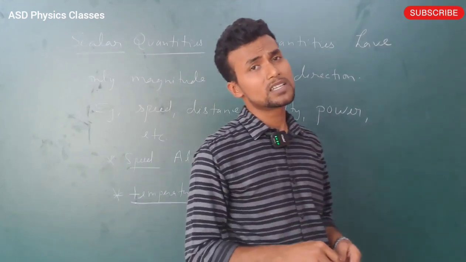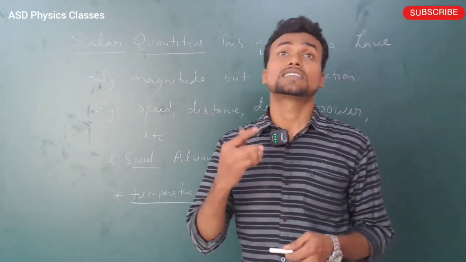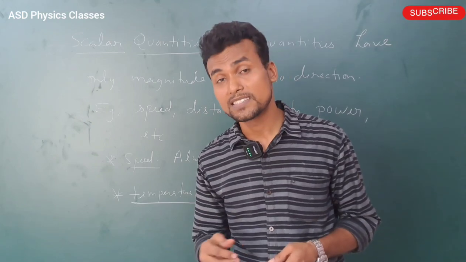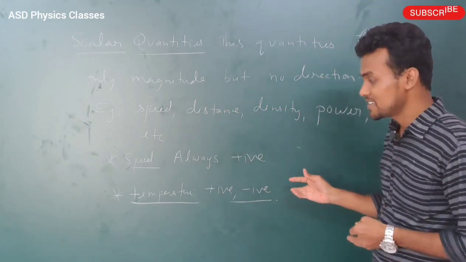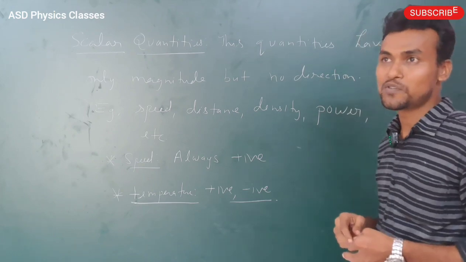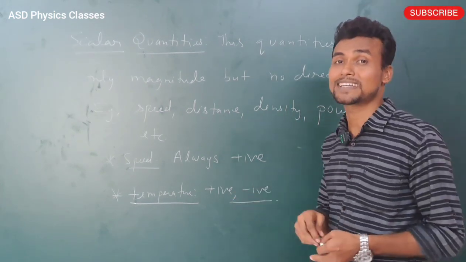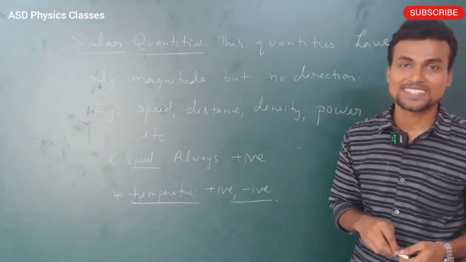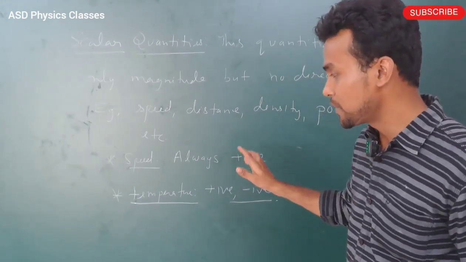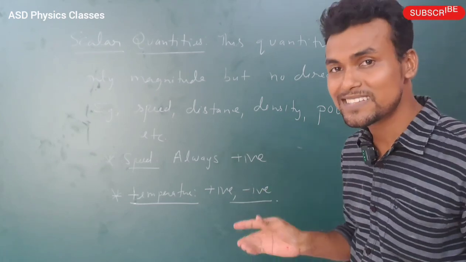We know very well that for temperature, a number of units are there, like the degree Celsius scale and the Kelvin scale. Here I am talking about the degree Celsius scale. In the degree Celsius scale, temperature can be 20 degrees Celsius, 30 degrees Celsius. At the same time, it can be -5 degrees Celsius, -10 degrees Celsius. So temperature in degree Celsius can be negative also. Still, it is a scalar quantity.